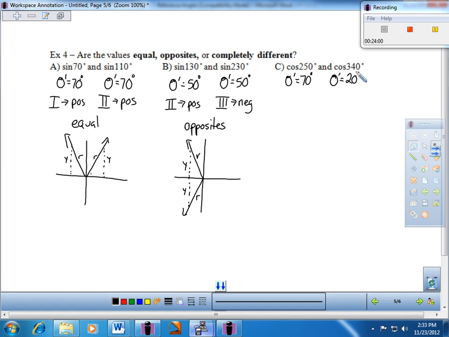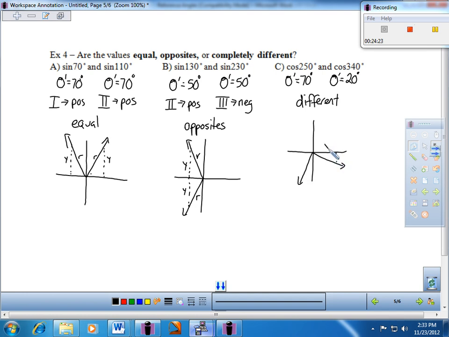And right away, since they are not the same reference angles, these are just completely different. They're in different positions, so different ratios, of course. So let's take a peek just visually. Here's the 340. Here's the 250, something like that.